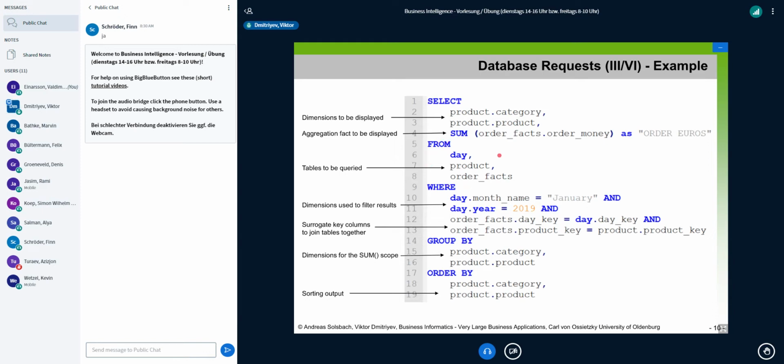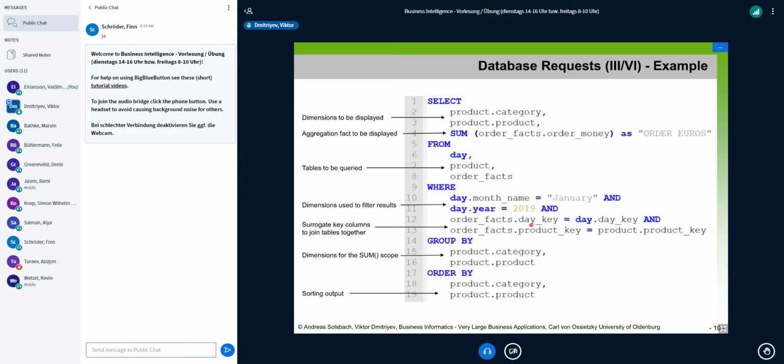Then you specify the dimensions here. Dimensions include day, product, and for sure facts, because facts are useless without context and vice versa. Then you specify your filtering criteria with the where, so January, day, and then at the last, you're joining the tables together.